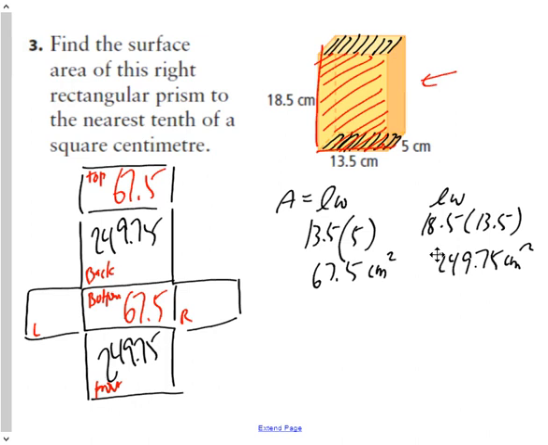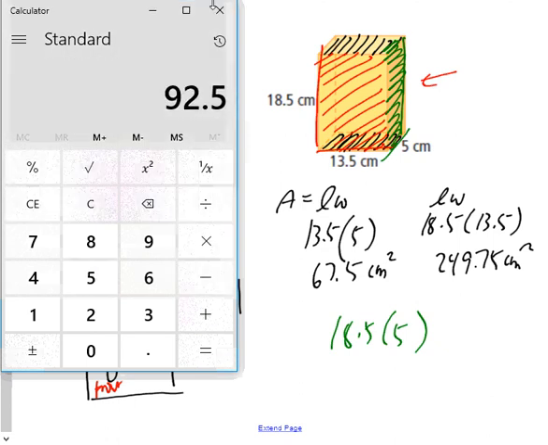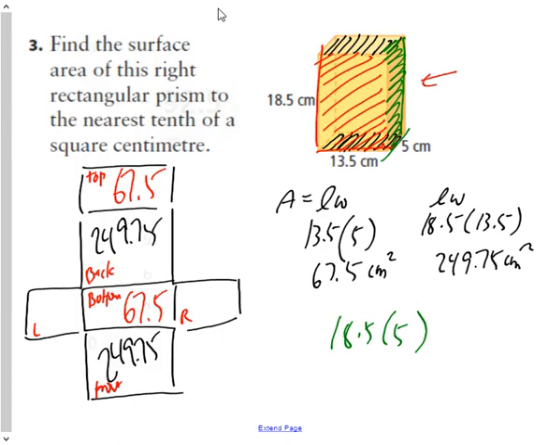Finally, the left-hand side or the right-hand side. This one I can see, so I'll shade it in green. Its dimensions are 18.5 and 5. 18.5 multiplied by 5 is 92.5, so this one is 92.5 centimeters squared, and so is the other.